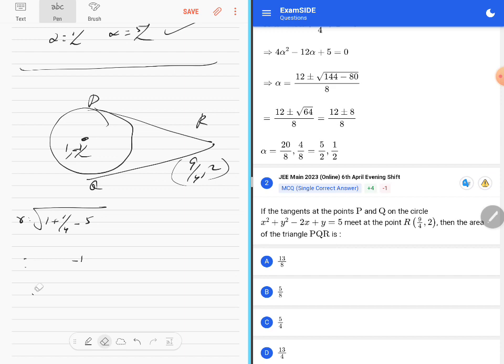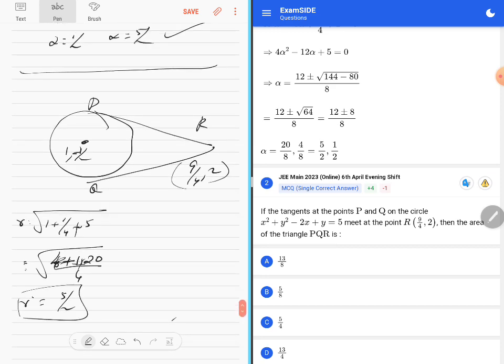The center is (1, -1 by 2). g square plus f square minus c, where minus 5 will become plus 5. So 4 will be the LCM: 4 plus 1 plus 20, so it's 25, root is 5 by 2. So the radius is 2.5.